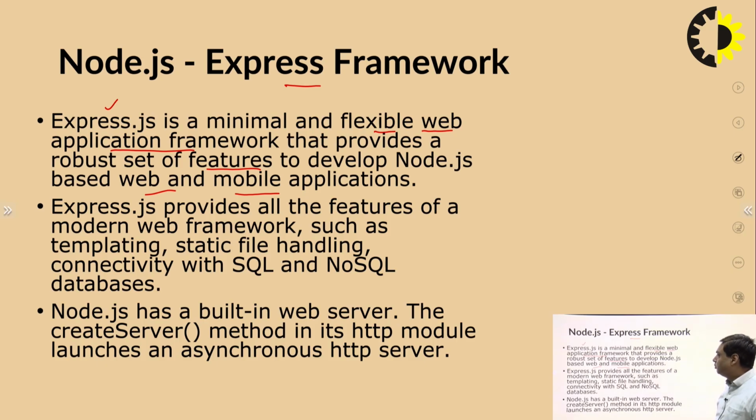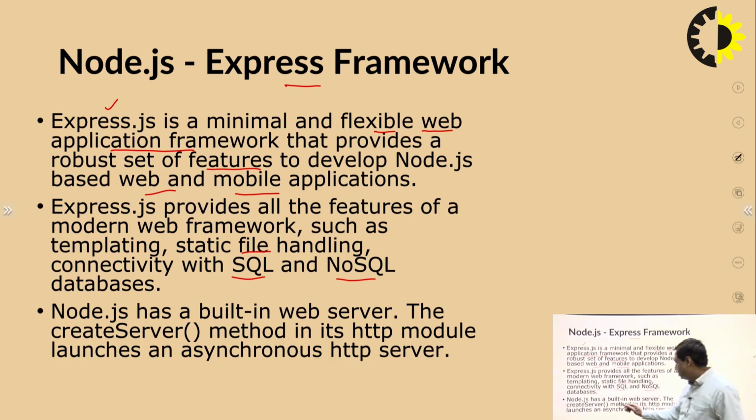Now, with the help of this Express framework, you are able to handle files, you can connect with SQL also, and you can connect with any database which supports NoSQL. So this Express framework also provides connectivity features to databases as well as files and manipulation of different files.